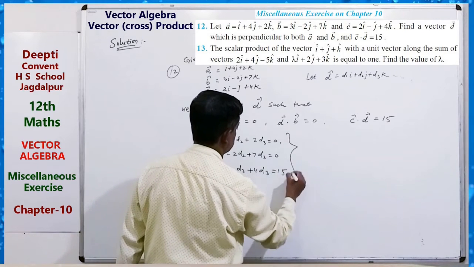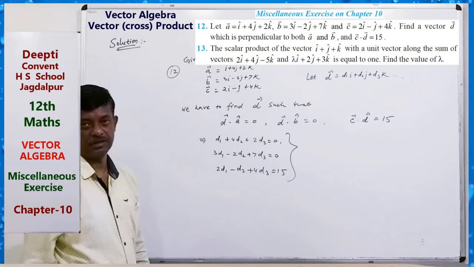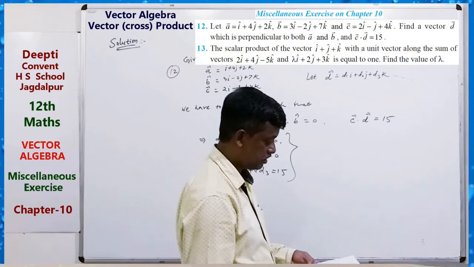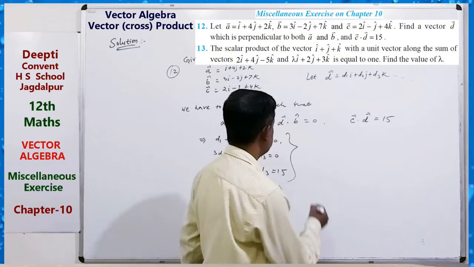Just solve this. Okay, we can get the values of D1, D2, D3.